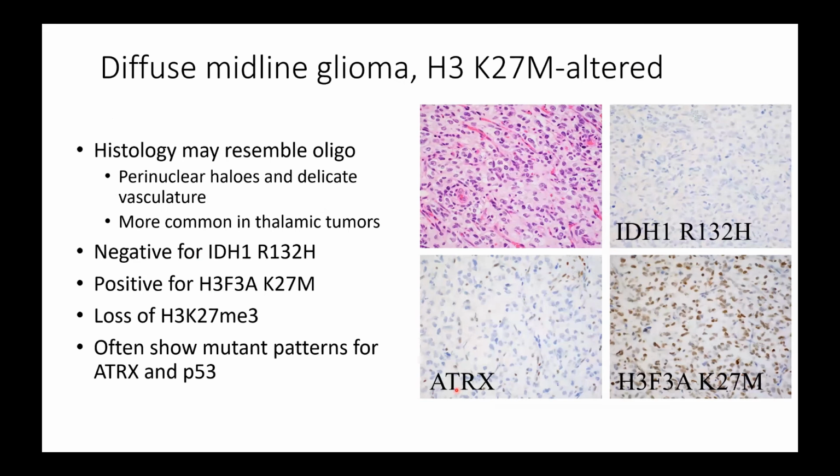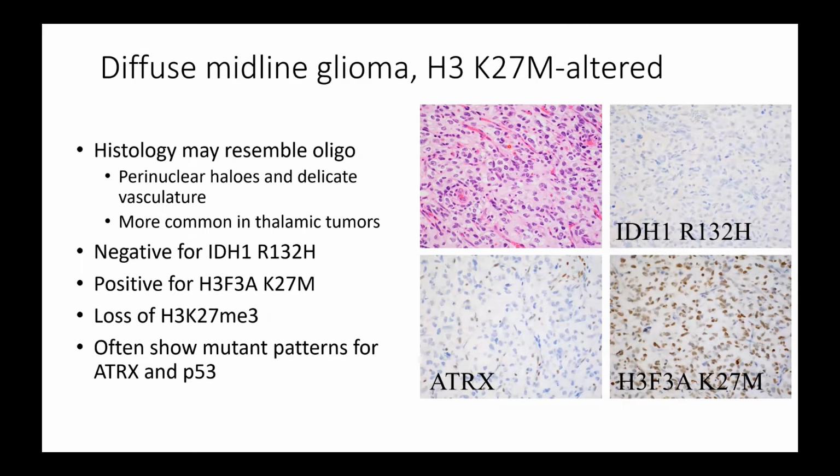Here's another example. So if one is running IDH, it might be helpful because many of these have ATRX loss. In our practice, we tend to see many of those that arise in the thalamus in older individuals, and those can have almost an oligo-like appearance. Many of these tumors have perinuclear clearing and this kind of delicate branching vasculature as well.